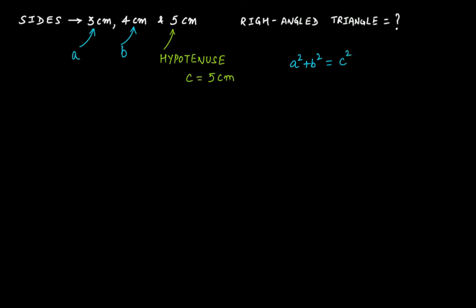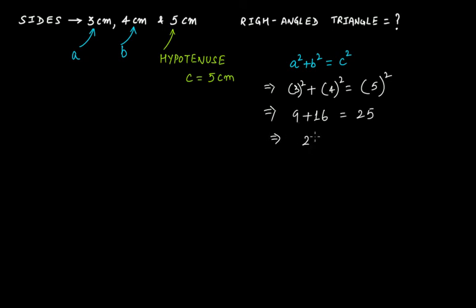Okay, so if you solve this, A square plus B square is what? 3 square plus 4 square. And what is C square? C square is 5 square. Okay, so this will be 9 plus 16, and this will be 25.